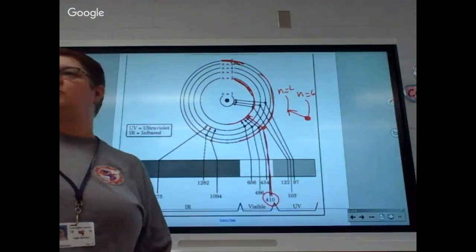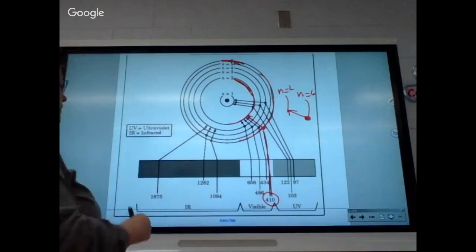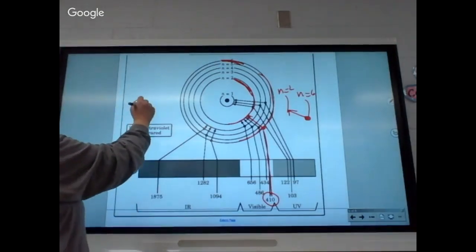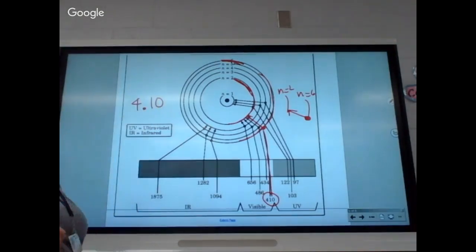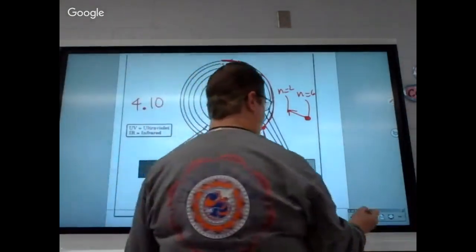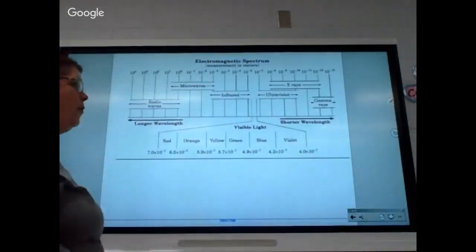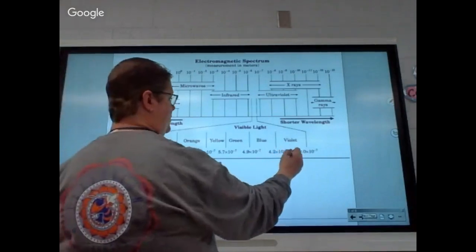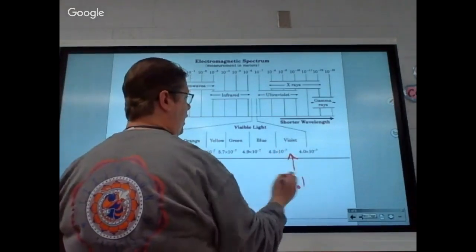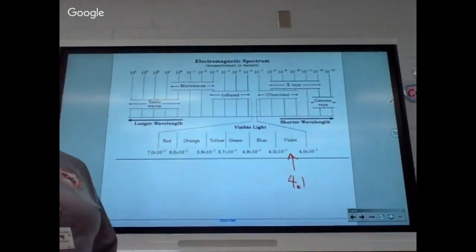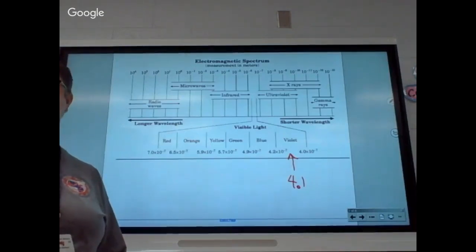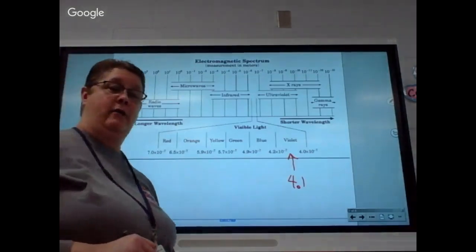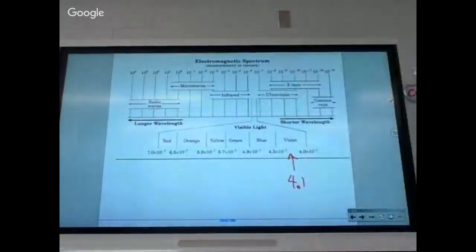Now, here's the shortcut. 410 becomes 4.10. 410 becomes 4.1. 4.1 sits here. So what color is it? Violet. That's it.